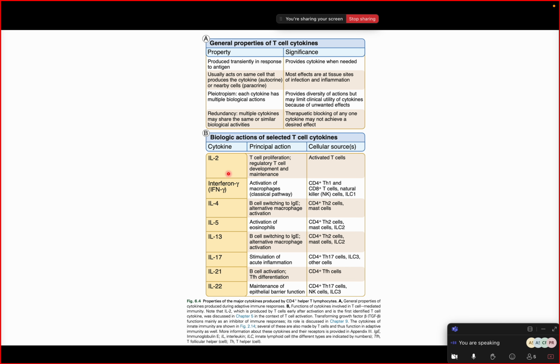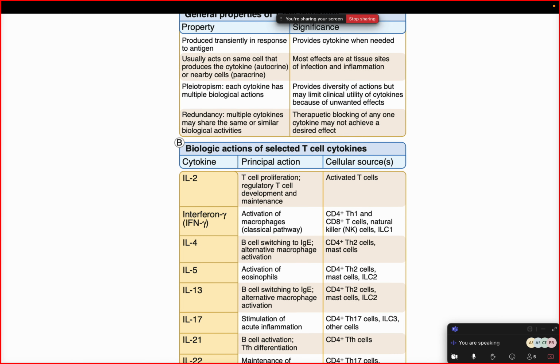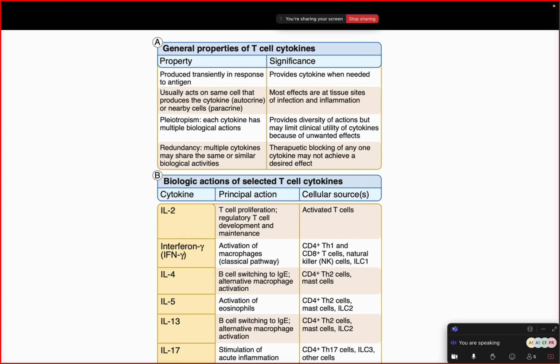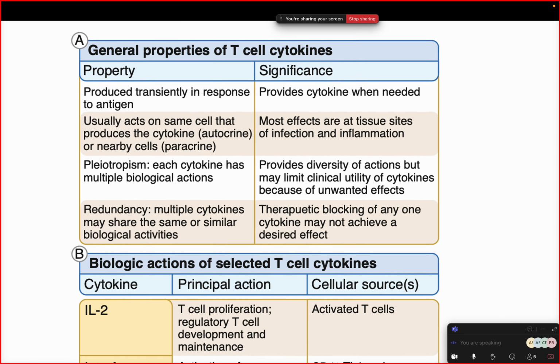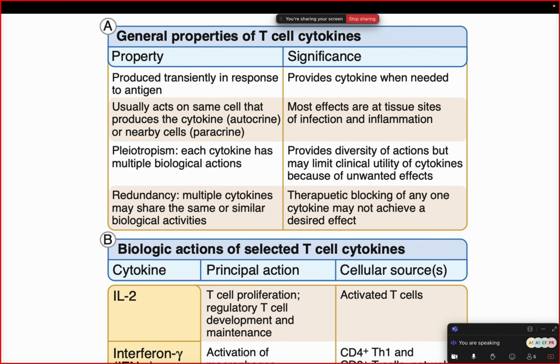Okay, so if you look at the first part, these are general properties of T cell cytokines. I hope this is visible to you guys. Let me zoom it a bit. I hope this makes sense now. The property: produced transiently in response to antigen.